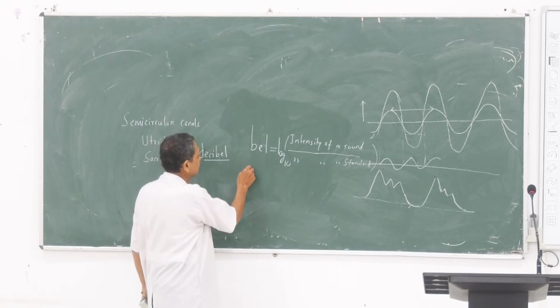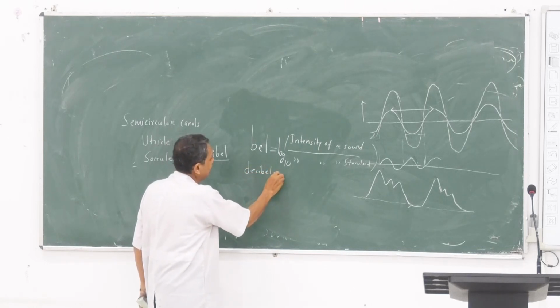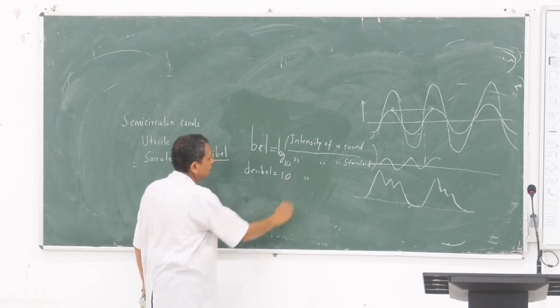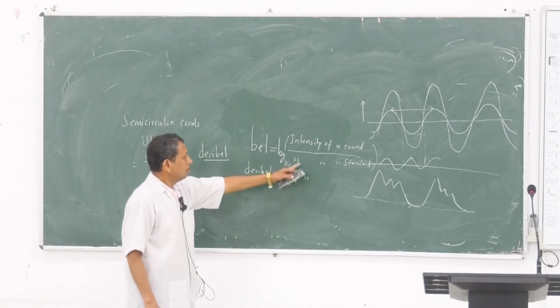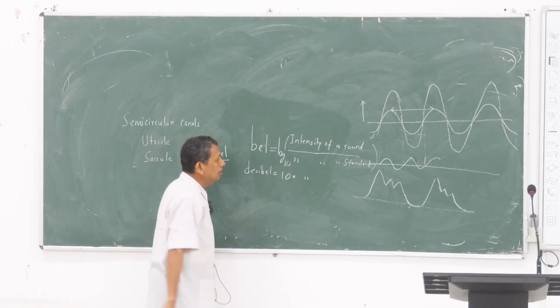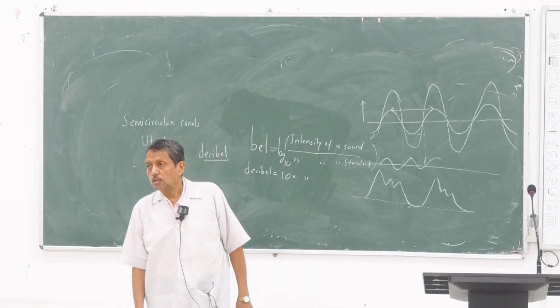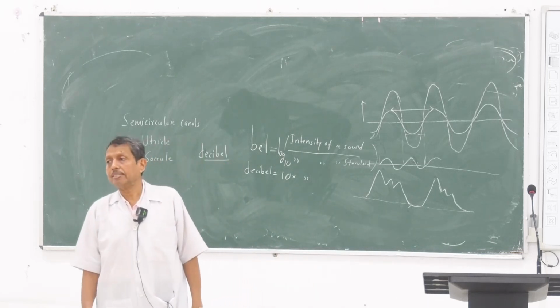And decibel is 10 multiplied by this logarithm. Now intensity is proportional to the square of the pressure change.